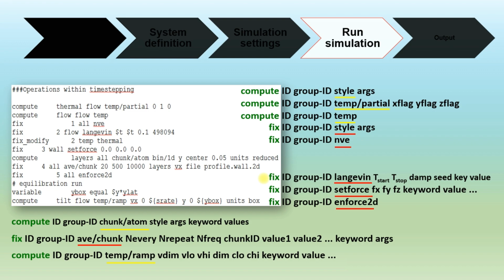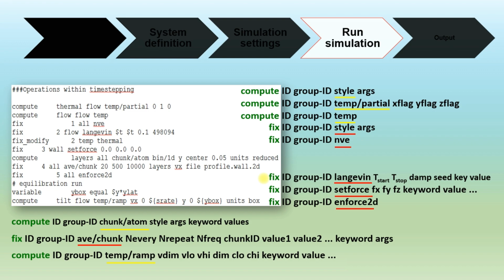It says fix ID, group ID, Langevin, tstart, tstop, damp, seed, keyword and values. Tstart and tstop equal the desired temperature at the start and end of the run, with damp being the damping factor in time units. Seed is for white noise.